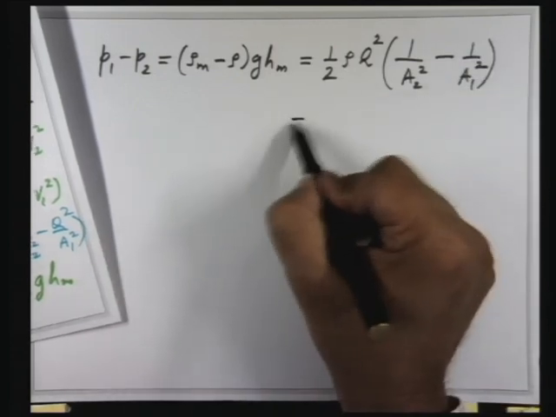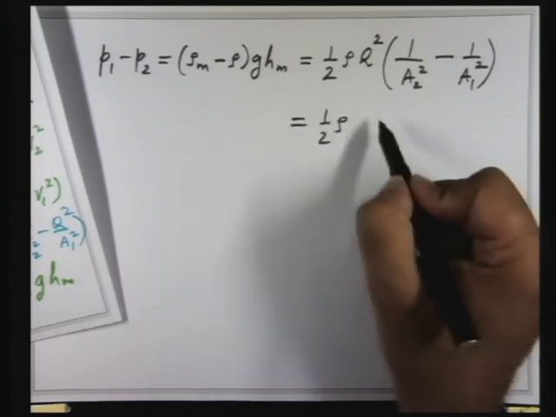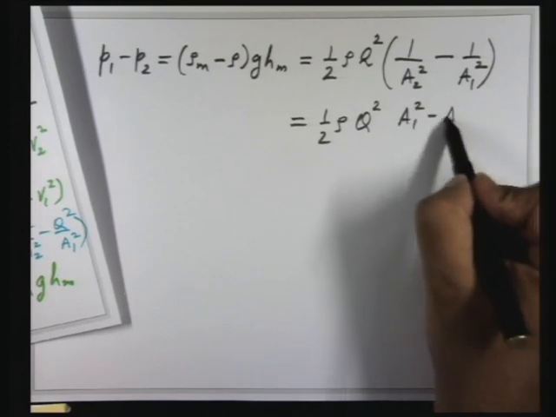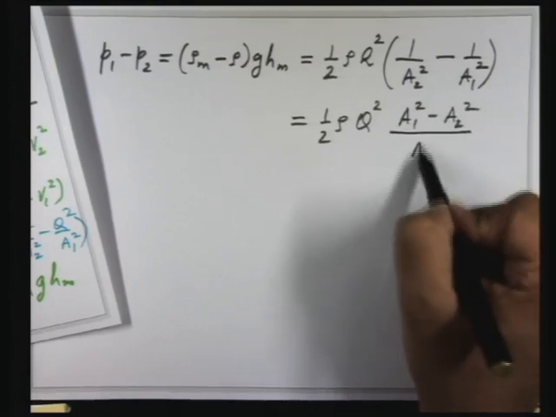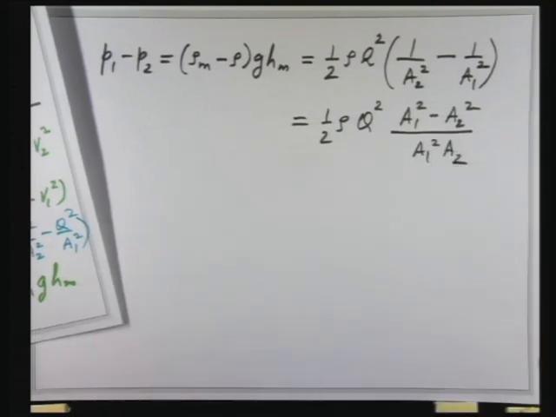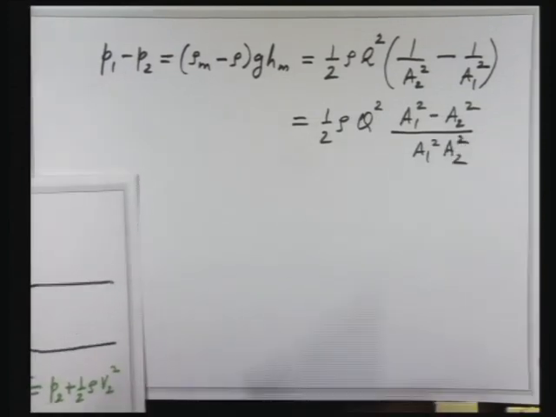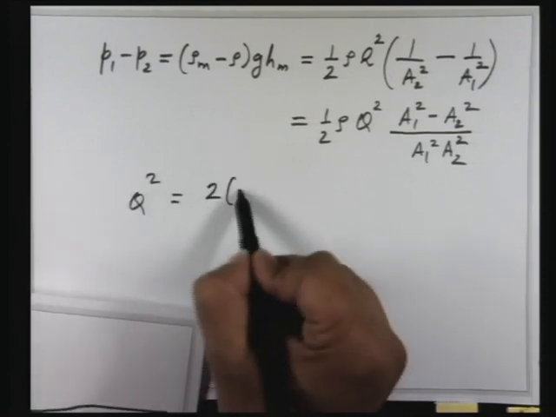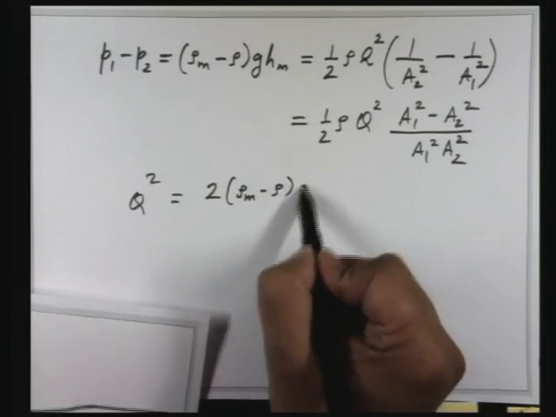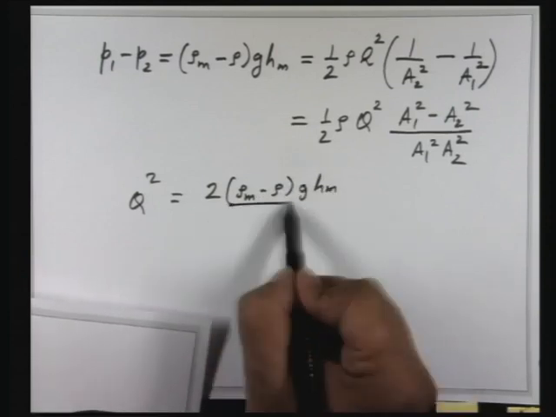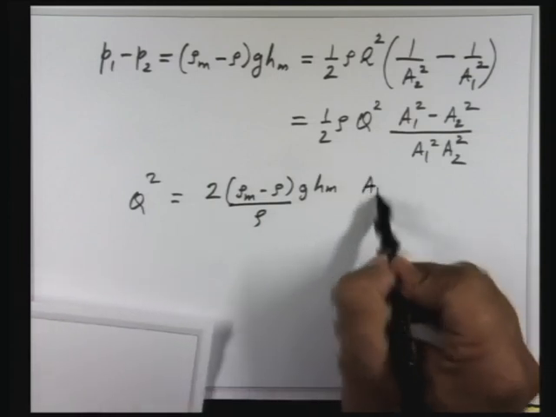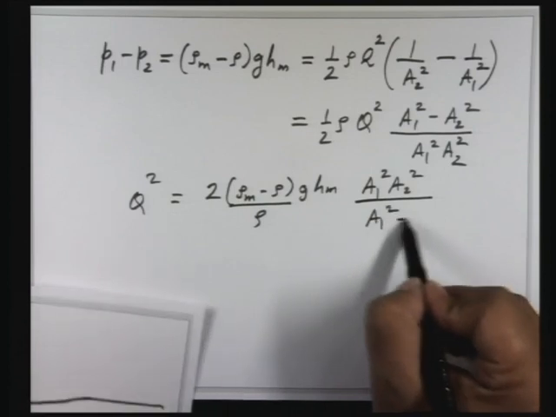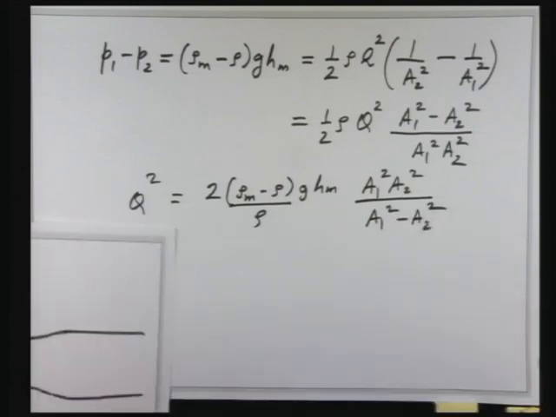So this I can write as half rho Q squared (A1 squared minus A2 squared) by A1 squared A2 squared. So Q squared turns out to be twice (rho_m minus rho) g h_m by rho, into A1 squared A2 squared by (A1 squared minus A2 squared).